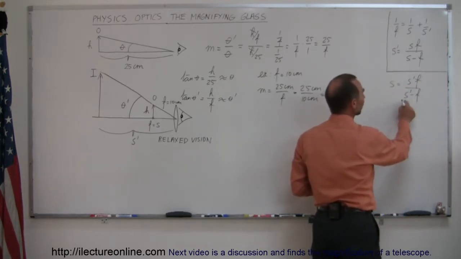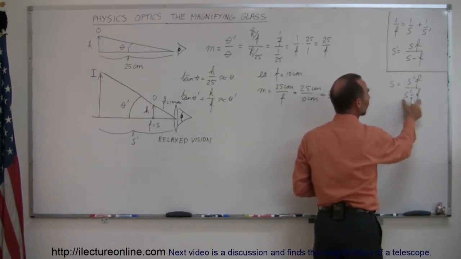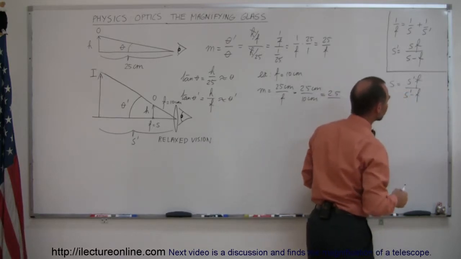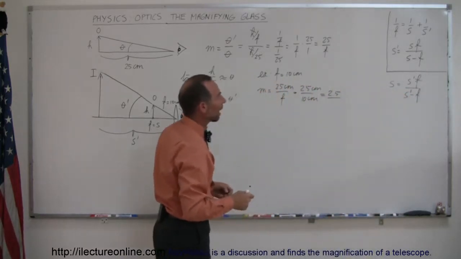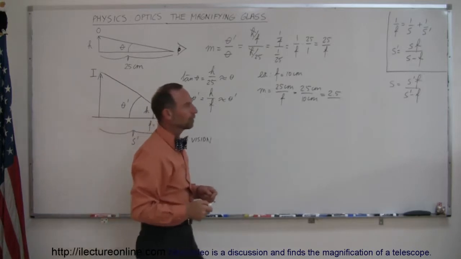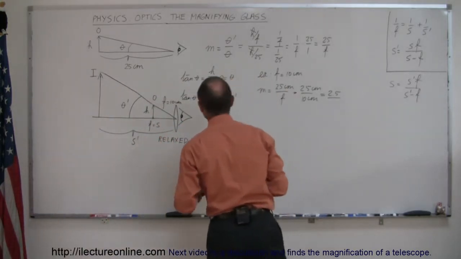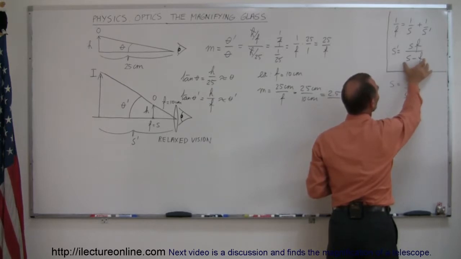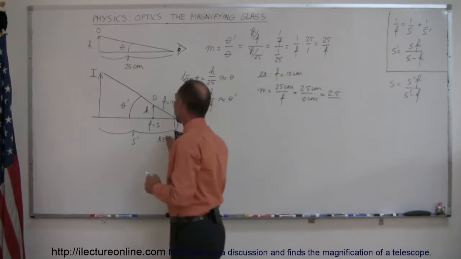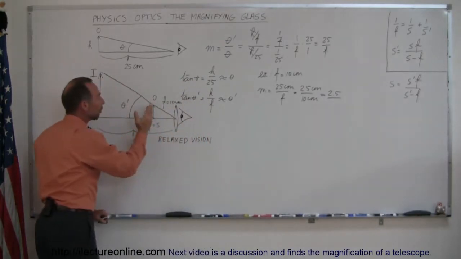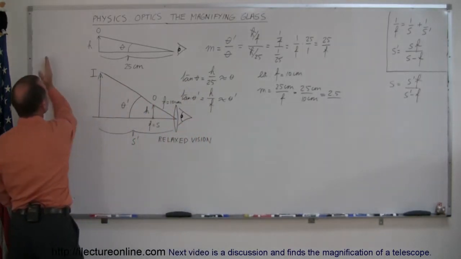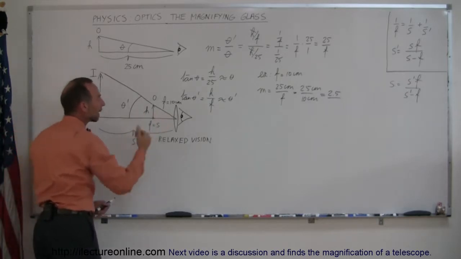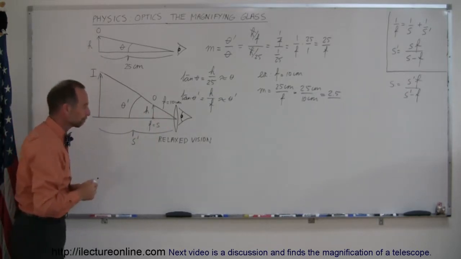And you can see then that s prime minus f, if this is very close to 0, then the distance to the object, I'm sorry, I'm talking about the wrong equation here. If s is very close to f, then this is almost 0, and anything divided by 0 becomes infinite, which means that if you put the object very close to the focal point, the image will be formed very far away, and so you can look at the image with relaxed vision.